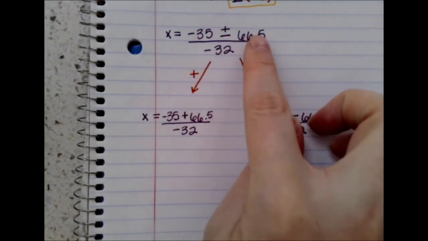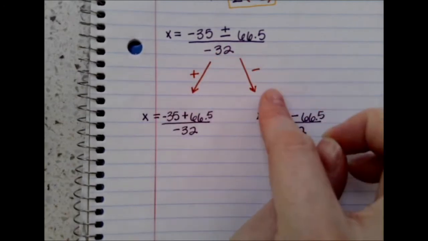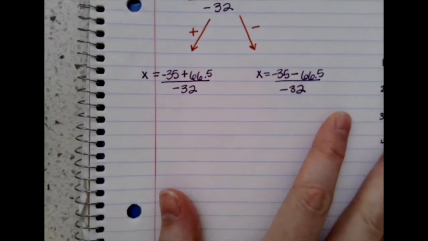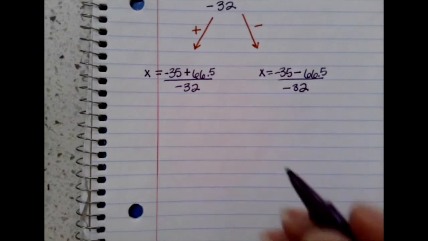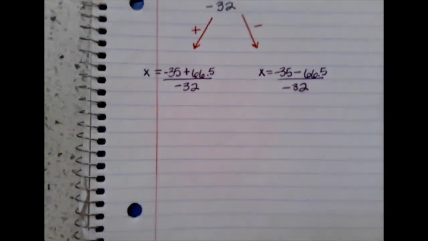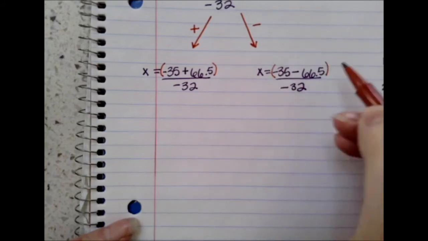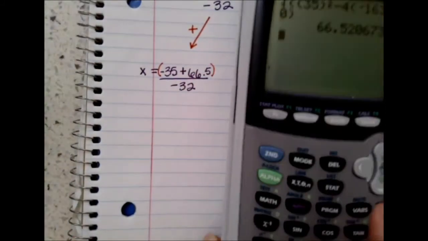So once you simplify each of those three pieces, you want to break this into a plus problem and a minus problem, and this is where we're going to get our answers. So I'm just going to type this into my calculator. You can either put this inside parentheses and then just type it in as it is, or you can hit equals after you type the top.